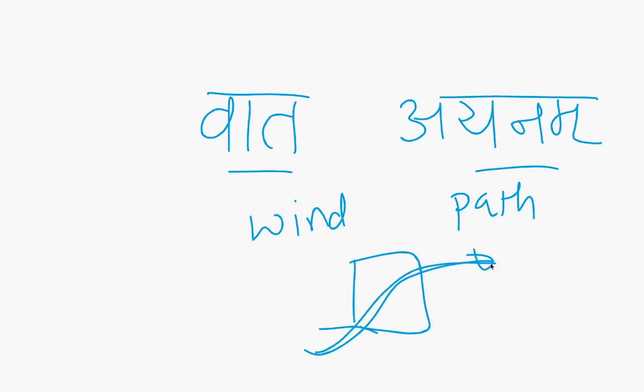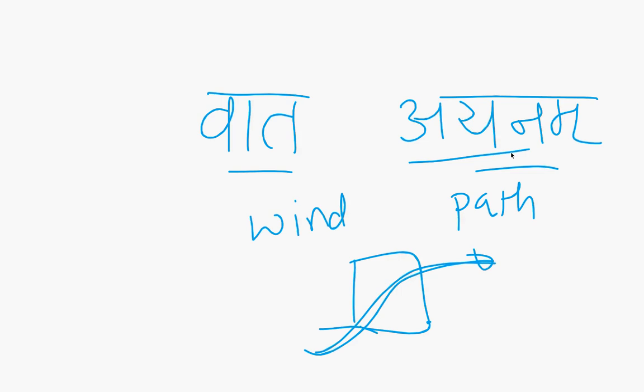So we do not necessarily need to remember just Vatayanam. Vatayanam means window. If you break it into Vata and Ayanam and use them, Ayanam can be used wherever the path can be used, and Vata wherever the wind can be used.